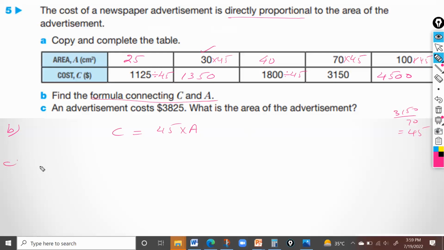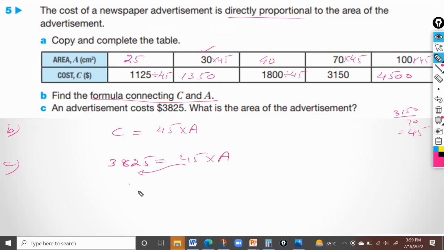Now part C. Part C says an advertisement costs $3,825. What is the area of the advertisement? So in place of C, I write the number: 3825 equals 45 times A. So I take this 45 to the other side.